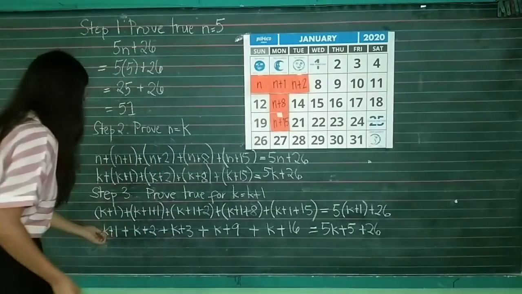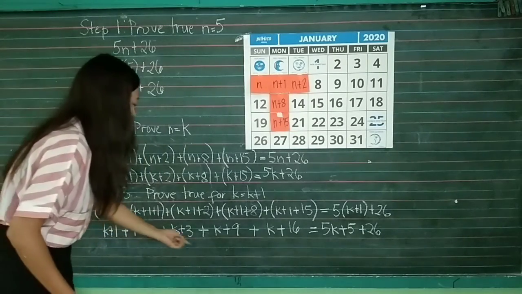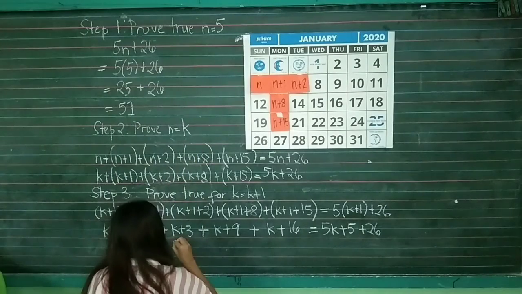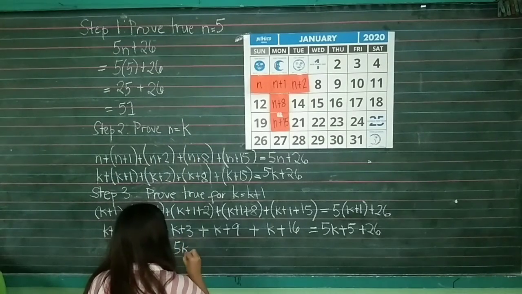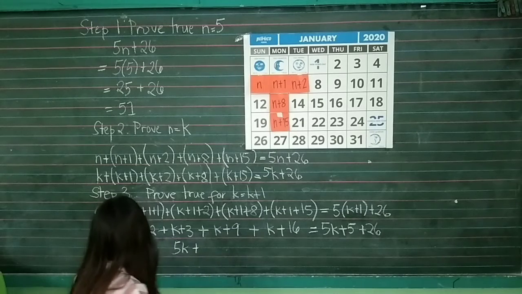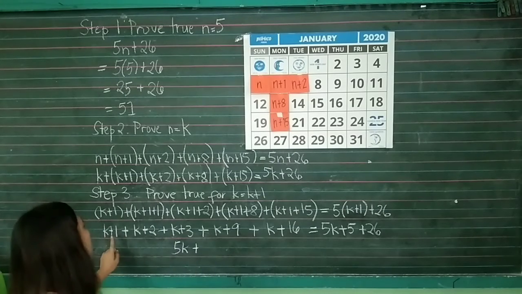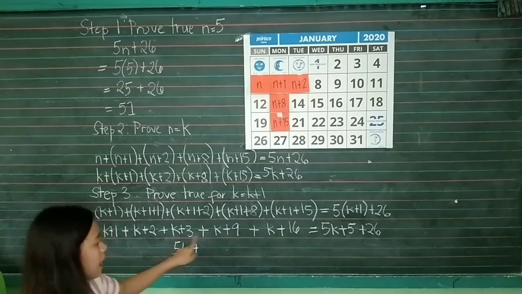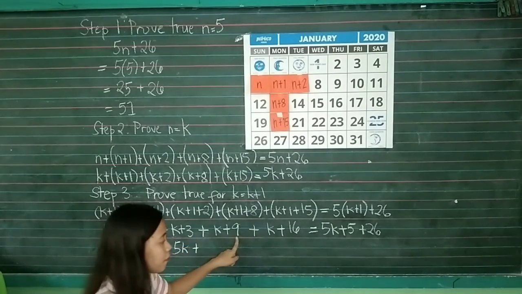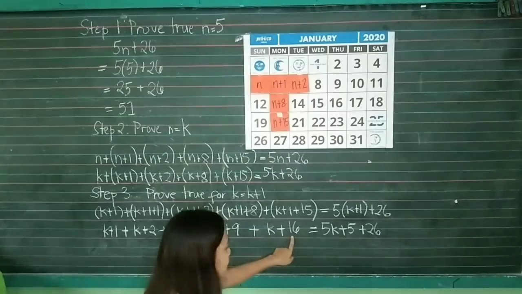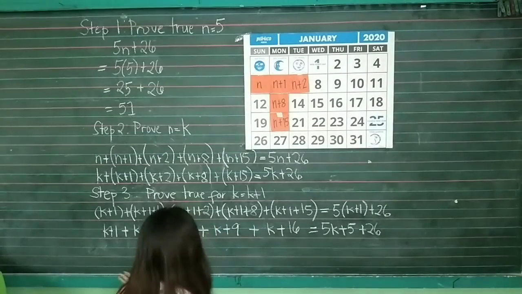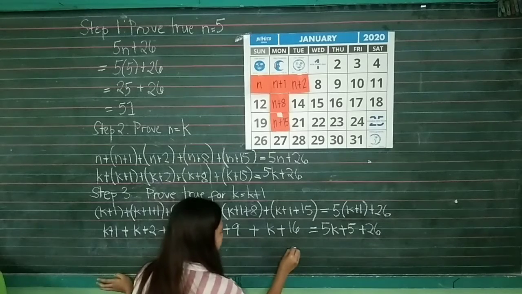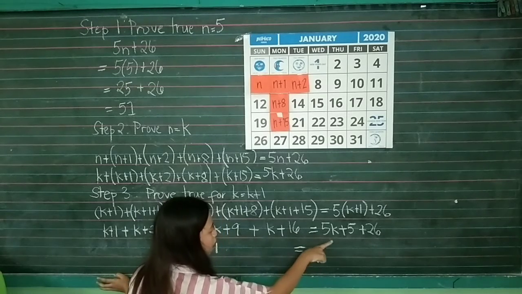We have 5k, plus we add the whole numbers: 1 plus 2 is 3, plus 3 is 6, plus 9 is 15, plus 16 is 31. So we have 31, and we equate it here.